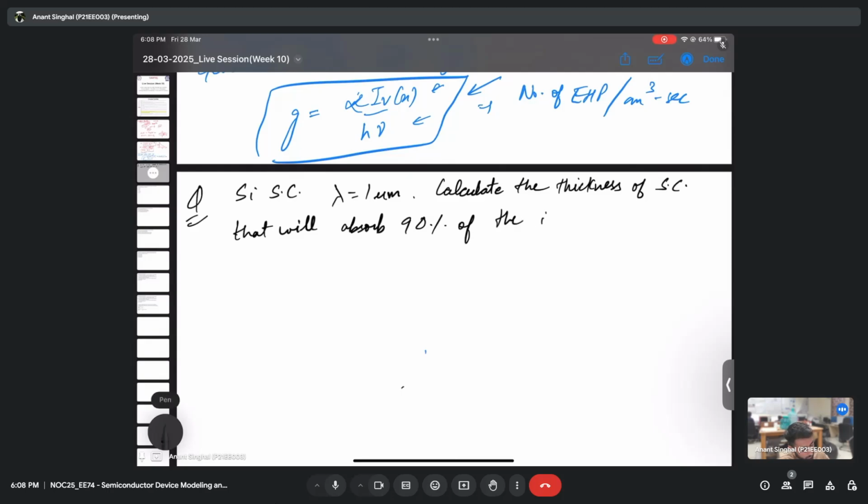Sorry, the photon energy. And we also have the absorption coefficient that is always given to you, that is 10 squared per centimeter, that is 100 per centimeter. So maybe take 1 or 2 minutes and then I'll try to solve it.